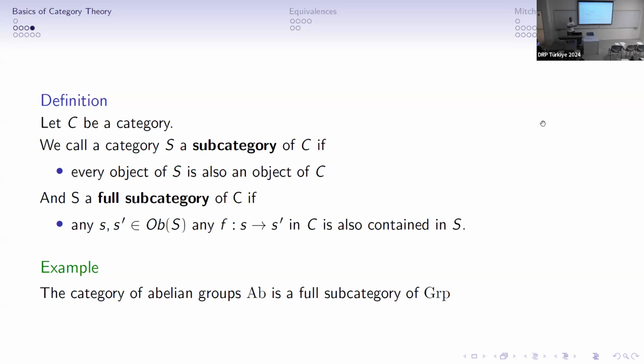We call S a subcategory of the category C when each object of S is also contained in the category C. And we call it a full subcategory if any morphism in C between objects of S is also contained in S. What we mean by this is S does not have any missing morphism. And there's a basic example of a full subcategory, the category of abelian groups, which is a full subcategory of groups.